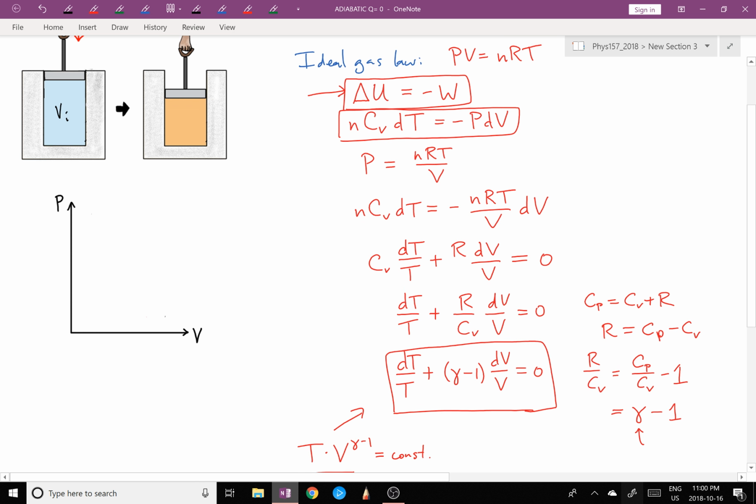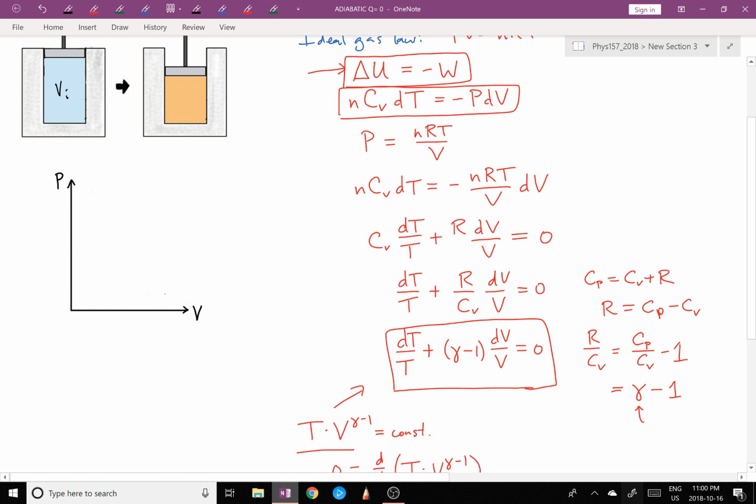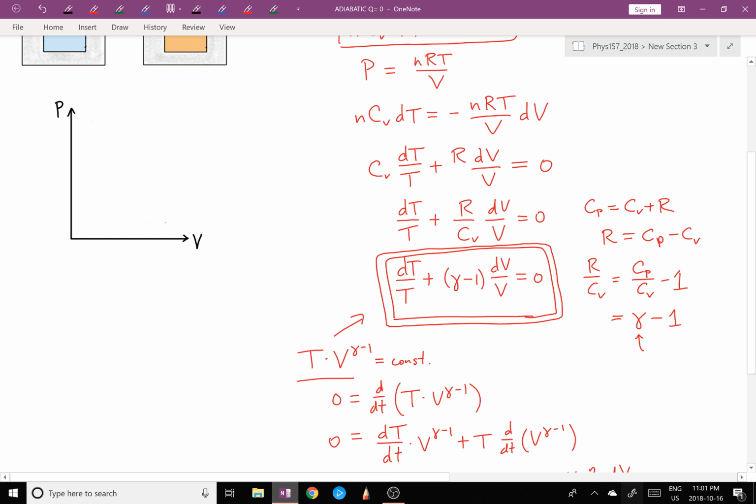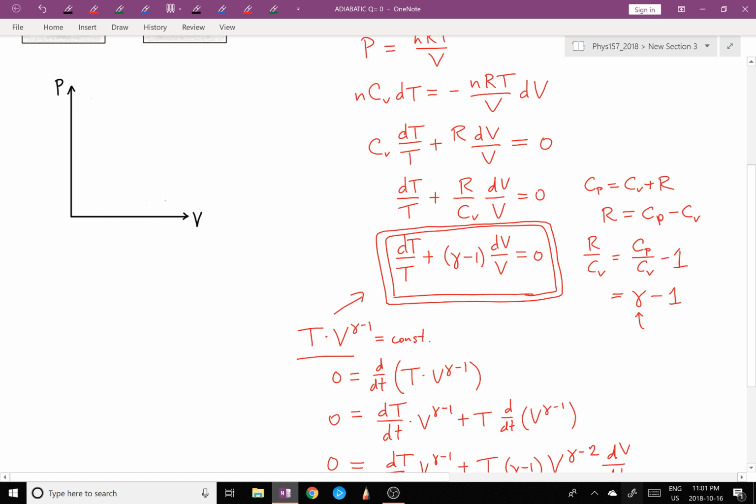And after various manipulations, that turned into this equation here that relates the fractional change in temperature to the fractional change in volume. We understood that that was enough to determine the relationship between temperature and volume, and then we checked that this relationship between temperature and volume satisfies that equation. And so now hopefully we're convinced that for an adiabatic process, T times V to the gamma minus 1 is going to be a constant.